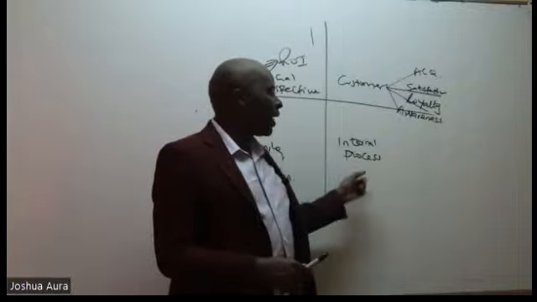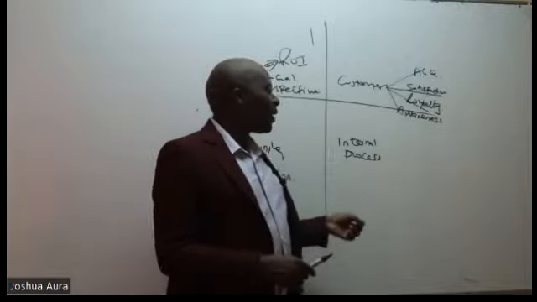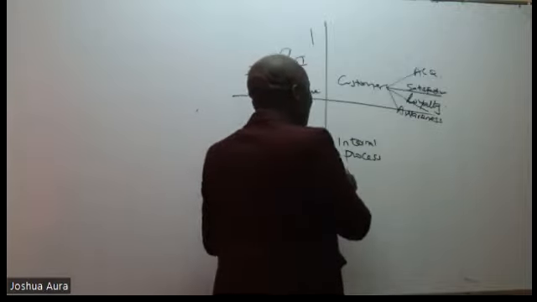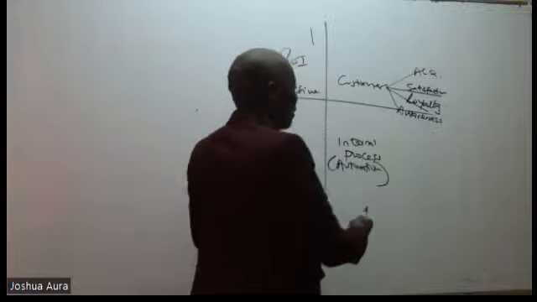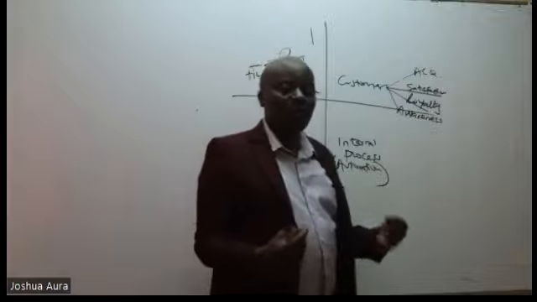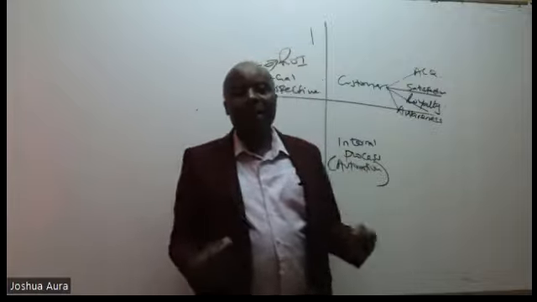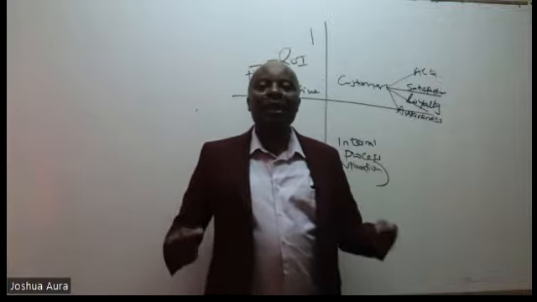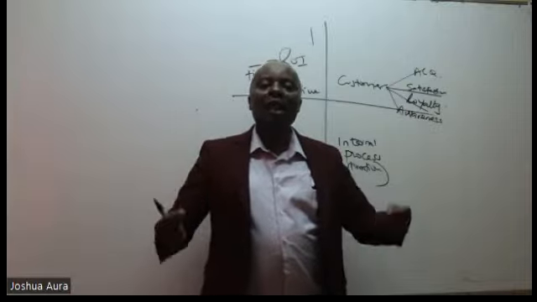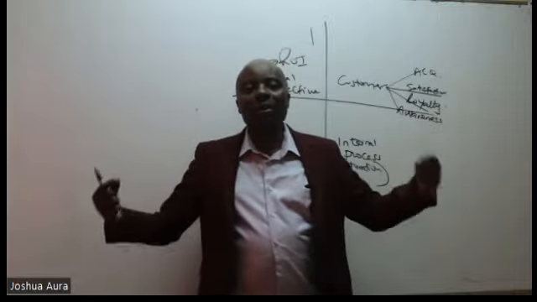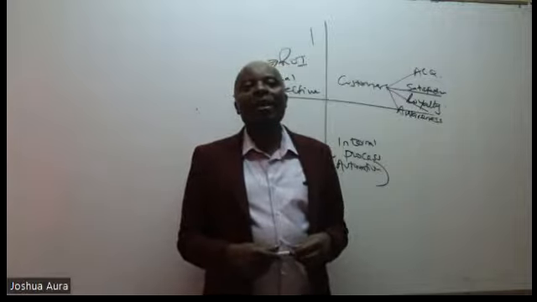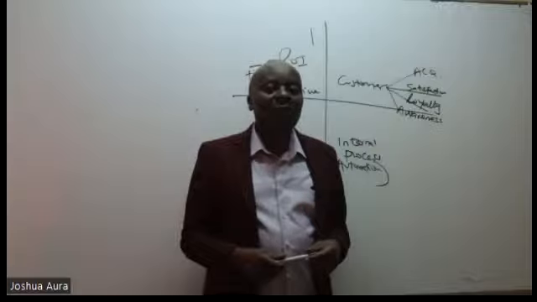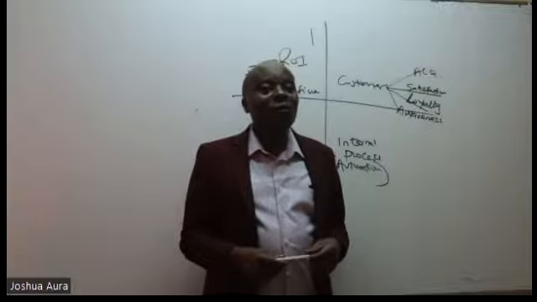From there, we go to the internal processes. So internal processes, basically, this is all about automation. Automation, ladies and gentlemen, if we are to get miles and miles ahead, we must ensure that we are automating most of our processes. This thing of expecting manual processes to work for you cannot take you far.